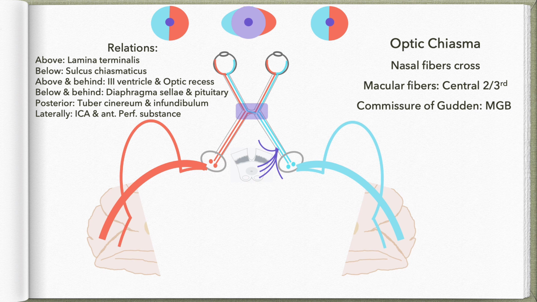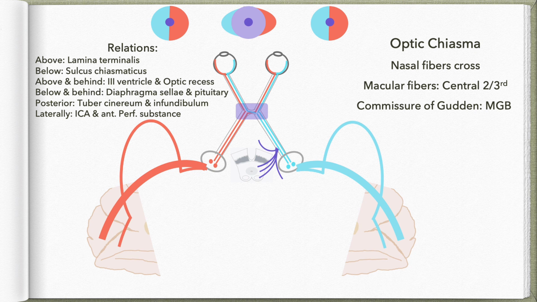Posteriorly, it is related to tuber cinereum and infundibulum. You will recall that optic chiasma forms the anteriormost boundary for the interpeduncular fossa. So immediately behind that, it will be related to tuber cinereum and infundibulum of the pituitary gland. And on either side, optic chiasma is related to anterior perforated substance, within which we will also find the internal carotid artery.